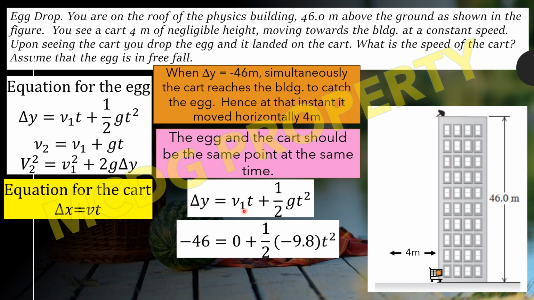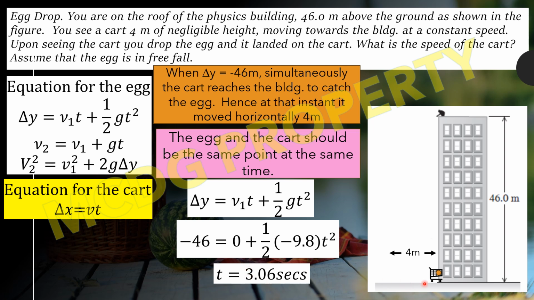Velocity 1 is 0 because you just dropped the egg. So v1 is 0, and then we have 1/2 times negative 9.8 t squared. We can solve for the time that the egg reaches this point, and that is 3.06 seconds.